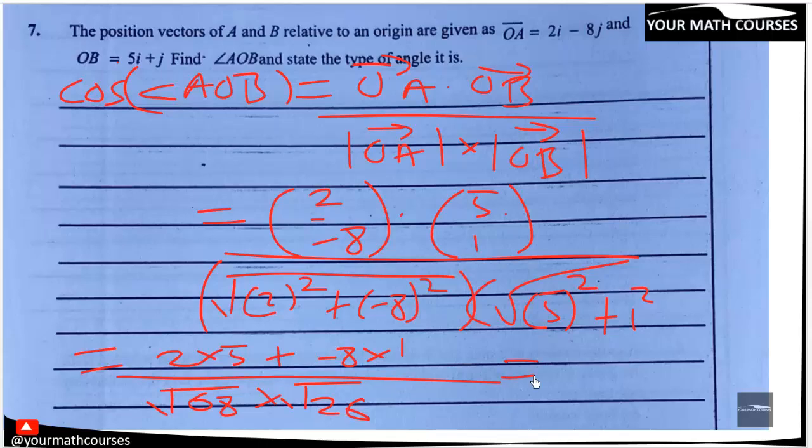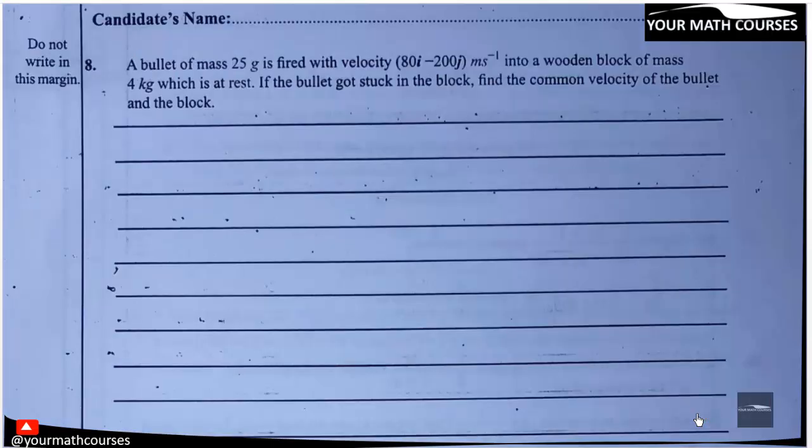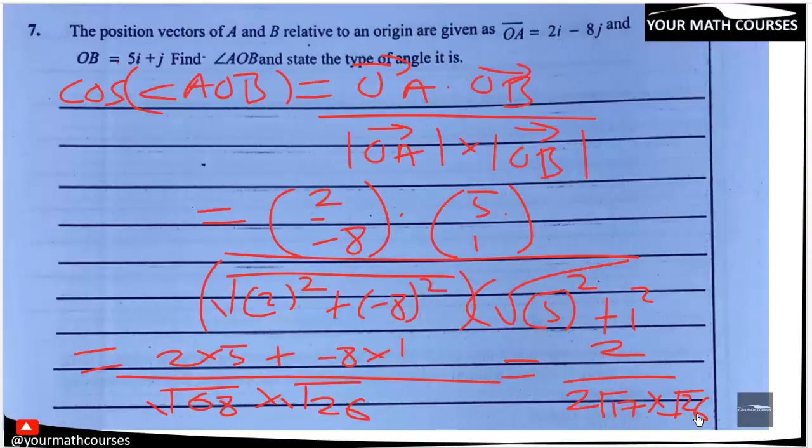So when we simplify, we get 10 minus 8, which is 2, over 2 root 17 times root 26. So we continue solving this question.